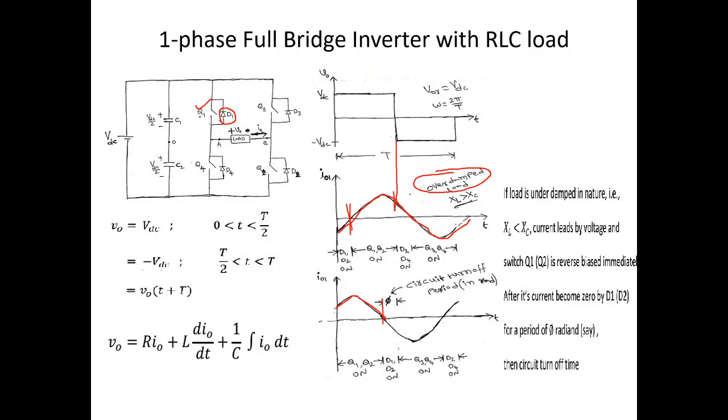If this load is underdamped in nature, there is no need of a separate commutation circuit, assuming that this period is sufficient to ensure the turn-off, that is, this period is more than the circuit device turn-off time. Then there is no need of an external circuit to turn off the SCR. This problem would arise if and only if I use an SCR as the control switch.